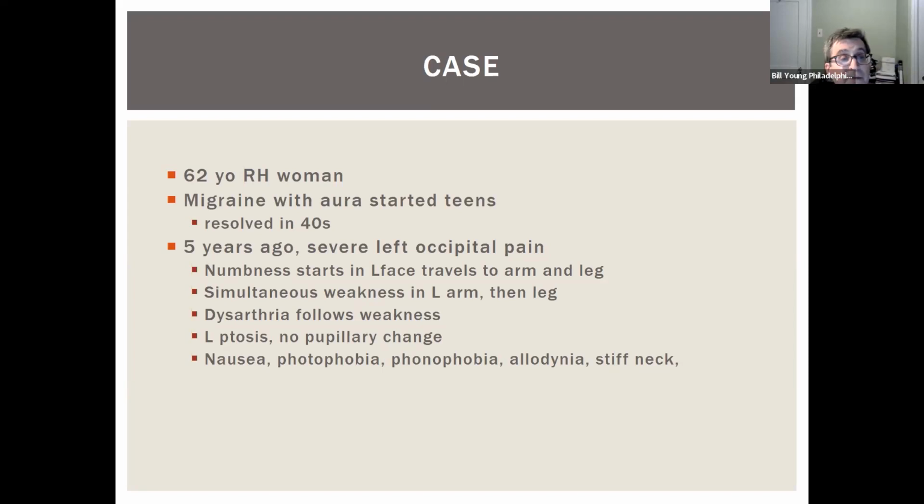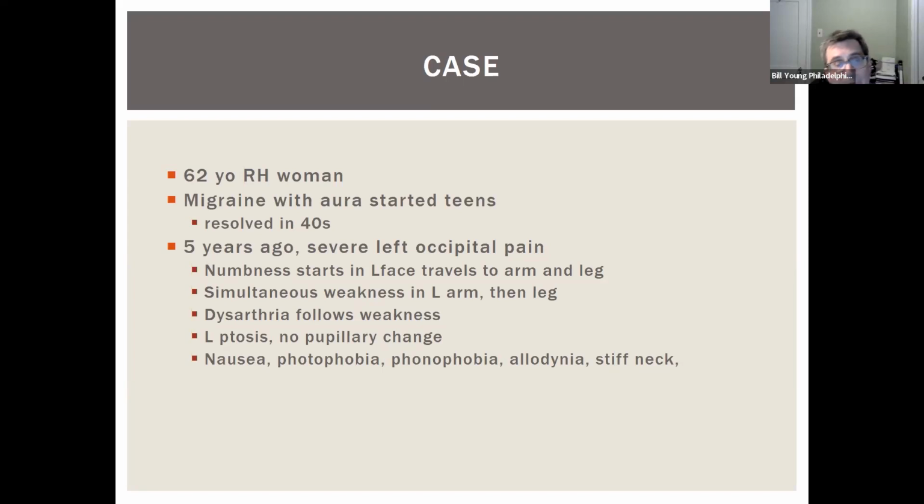Once the pain started, she would get numbness in her face that would travel to her arm and leg. Simultaneous with this, she would develop weakness in her left arm and then her left leg.